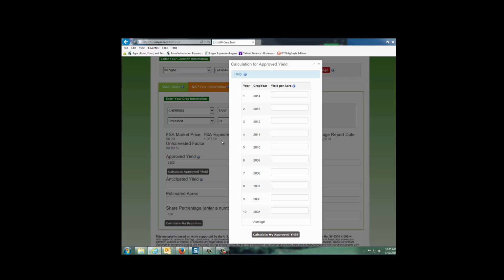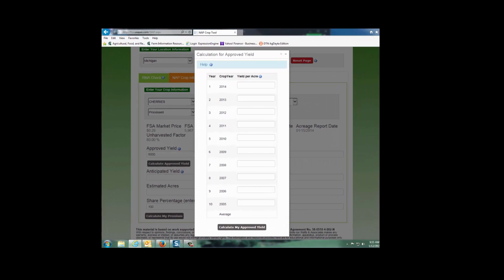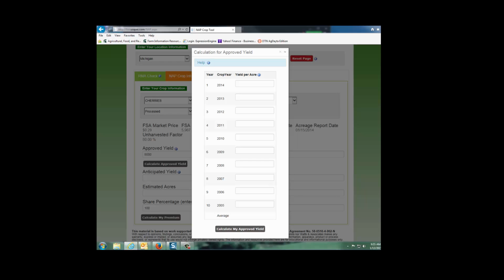If you do have your yield history, we'll do it in the following manner. And this number here comes up here where you can fill in your data. So we're going to fill in this data here with an actual example from Leelanau County, and it will calculate it. This calculation is close enough to make your decision on.